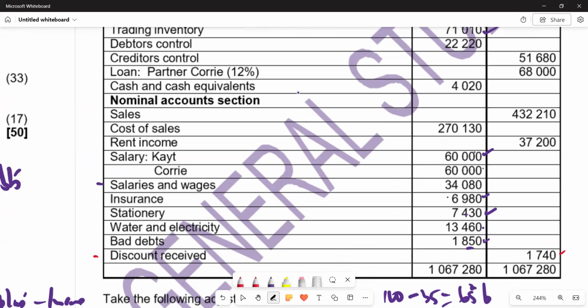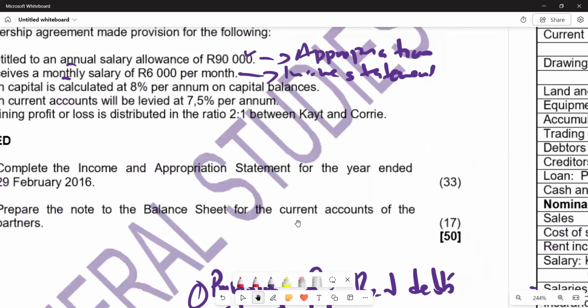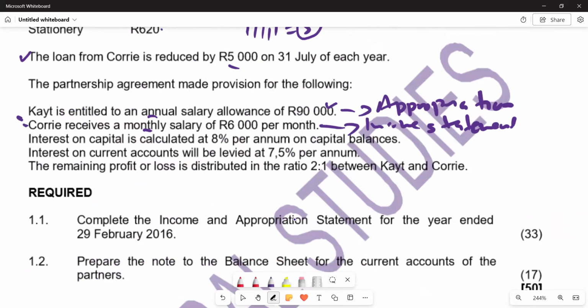Then for Corey, it's saying 60,000. Remember, for Corey, again, if you go to additional information, it's saying Corey receives a monthly salary of 6,000 per month, which we said 6,000 times 12, and then we got our 72,000.